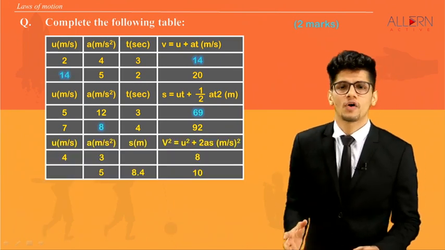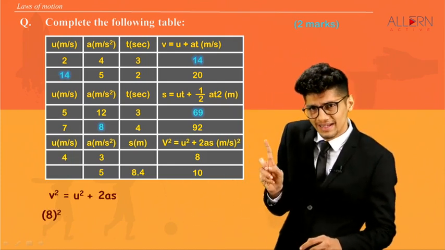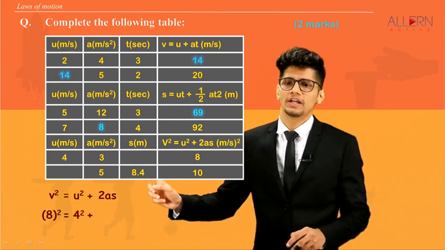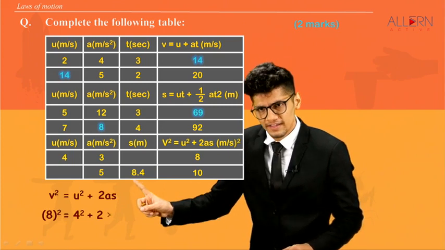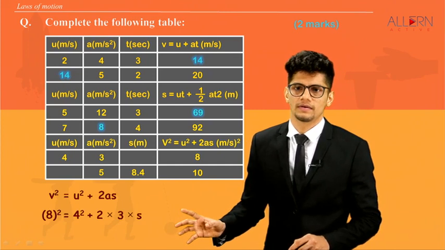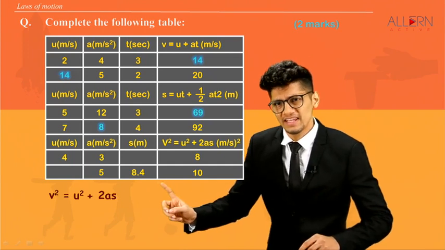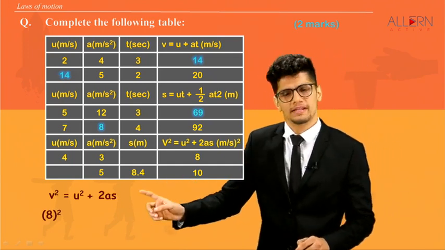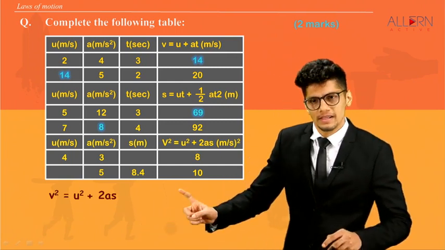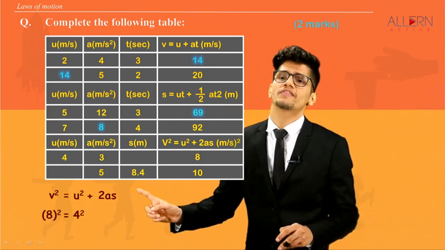Let's move on to the next one. The formula is V square is equal to U square plus 2AS. Now V is nothing but 8, so we get 8 square is equal to U square, we are supposed to find out, plus 2 remains as it is, A is 3 and S we are supposed to find out. Now U is nothing but 4, so we have 4 square.